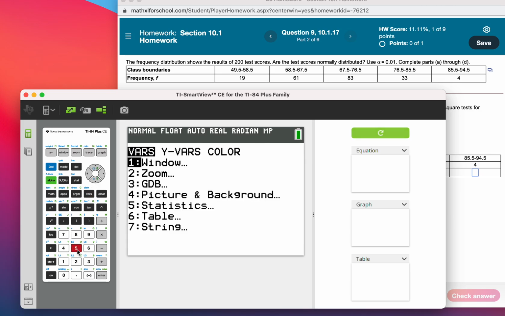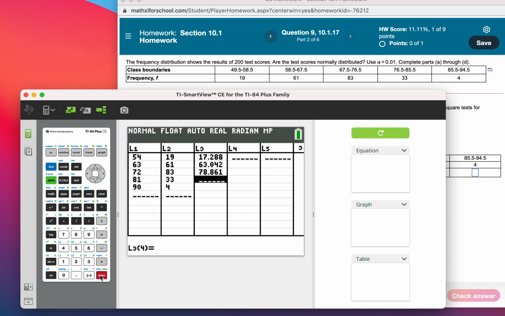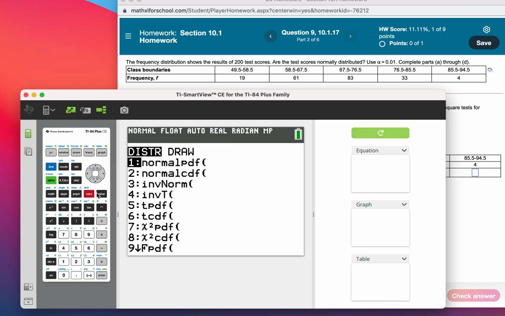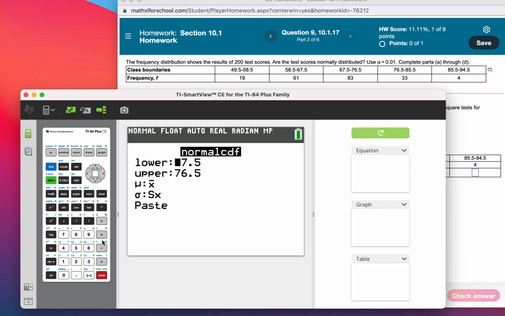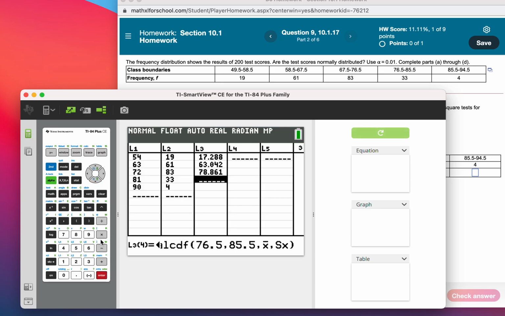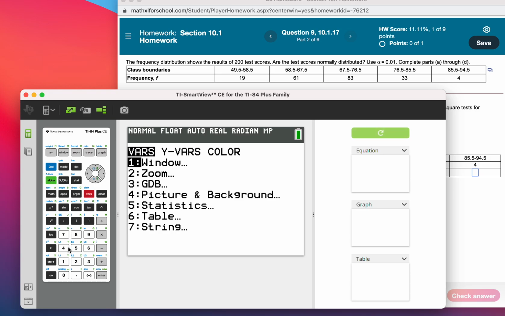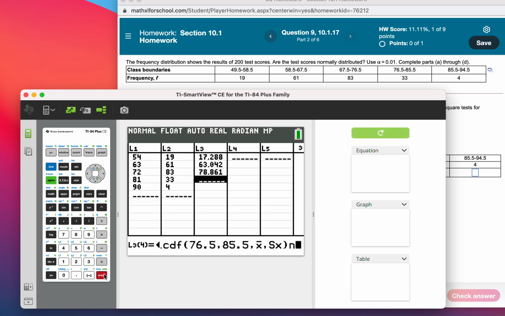So vars 5, 1, hit enter. We got 3 of them. Normal CDF. This time we want 76.5 to the next one, 85.5. Go down to paste. Times n. Hit enter.